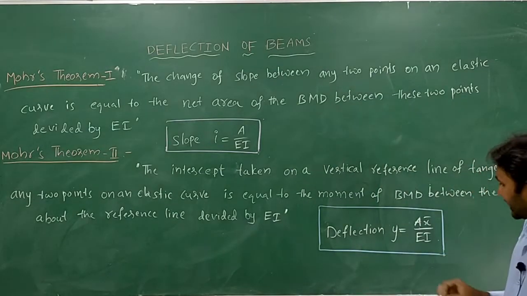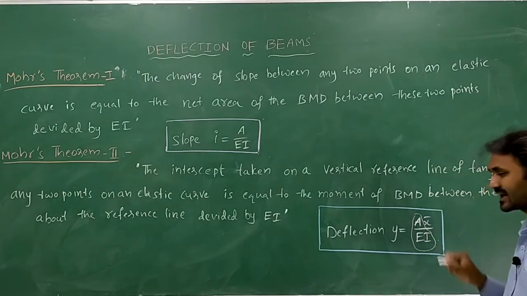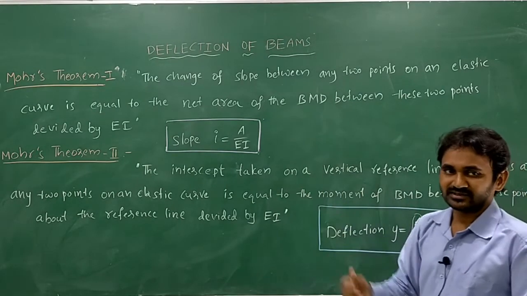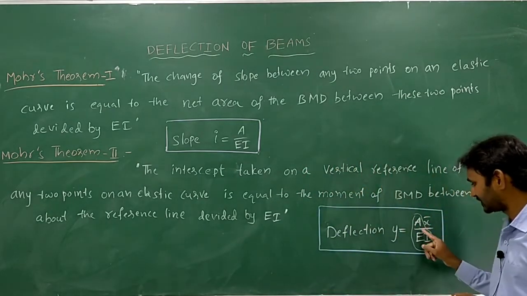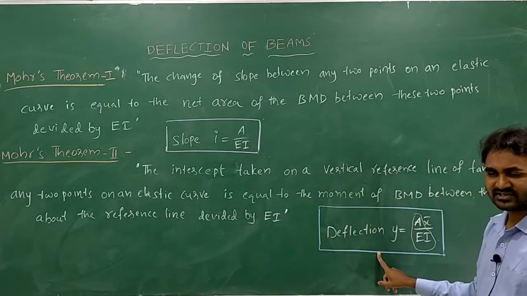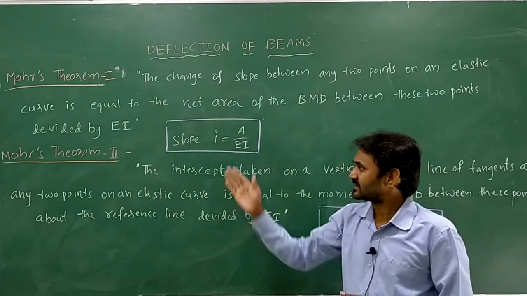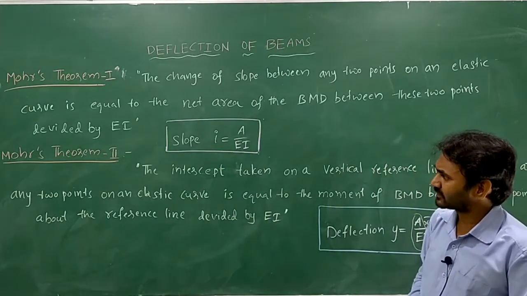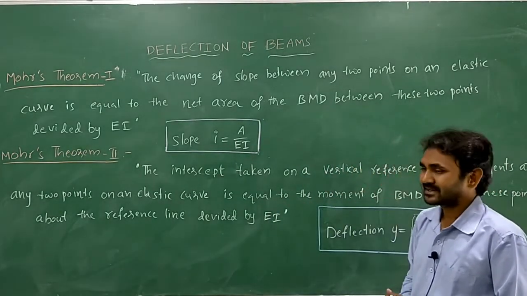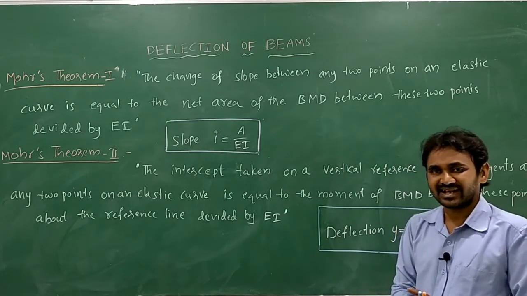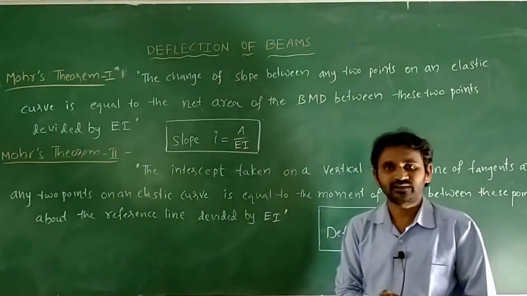Here A by EI into x bar is going to be used, where x bar is the distance which you calculate, and that distance should be multiplied to this. Deflection you can write in meters or in mm, and theta, the slope, you will get in radians. So let us see one basic example and let us solve how you will get slope and how you will get deflection.